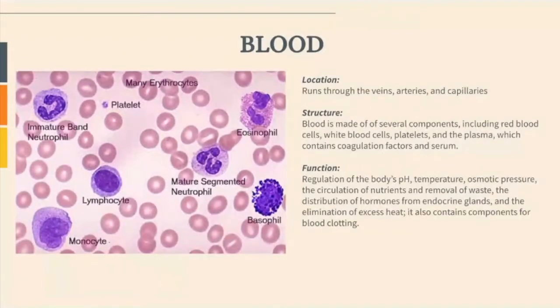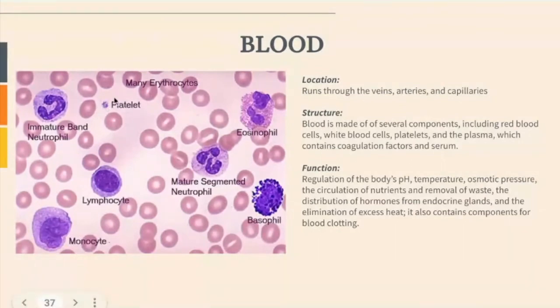And blood, so we know it is a fluid connective tissue. It runs through veins, arteries, and capillaries in our body. It is made of several components, including red blood cells, white blood cells, platelets, and plasma, which contains coagulation factors and serum. This is an example of an illustration where you can see lymphocyte, the white blood cell type, neutrophil, monocyte, eosinophil, basophil, accumulated together with the other red blood cells, and also a platelet here.